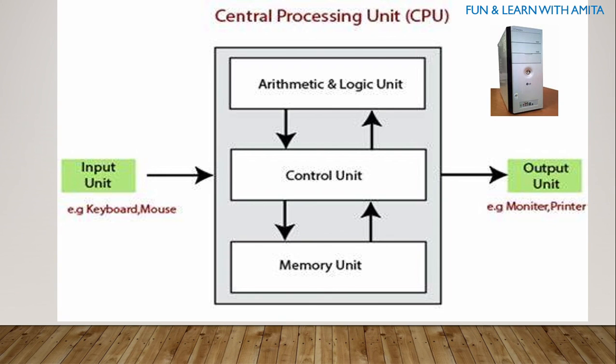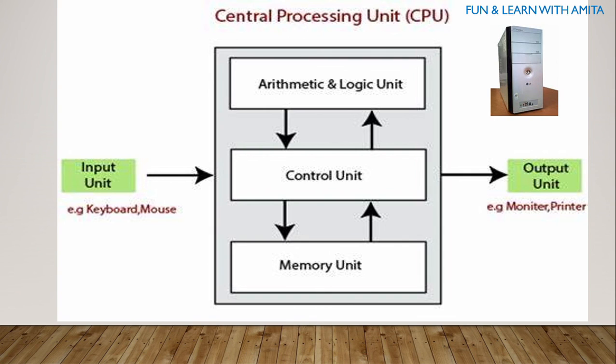See, this is the block diagram of computer. Means in this way computer works. Suppose we will write something through keyboard. It takes as input. Let's say we will calculate 5 plus 7. So we will write 5 plus 7 through our keyboard. It will take the instruction, then process it in CPU.